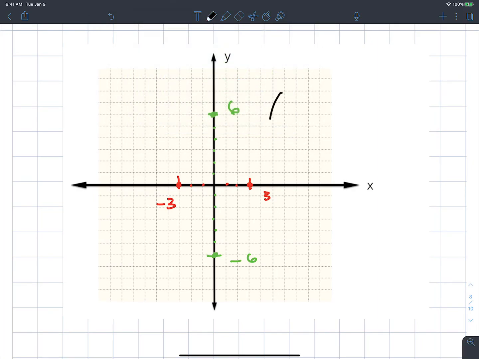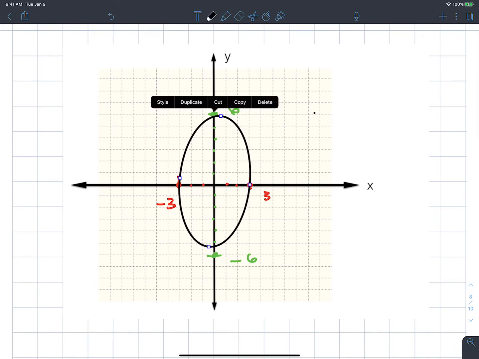So I'm going to do it this way. Look at that, it is diagonal. I have to be careful then. We're going to try to draw this here, and I've got to find a way.